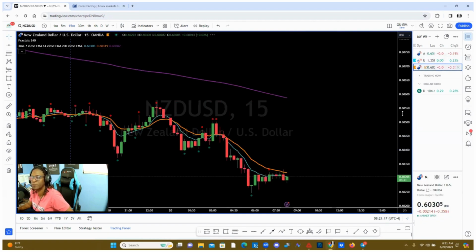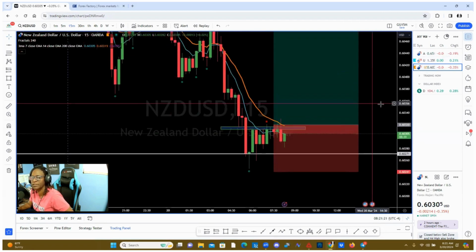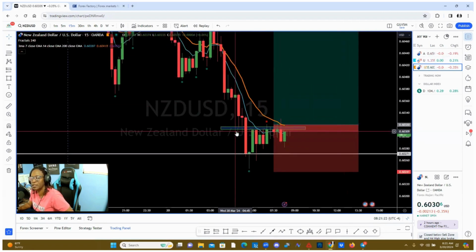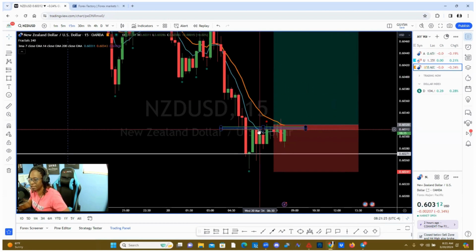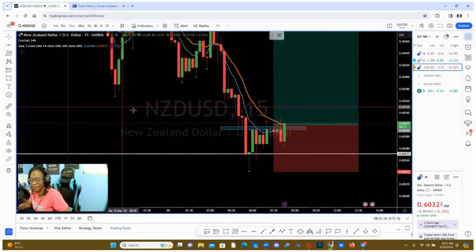Zealand dollar. I did say it looked weaker than the odd. So, again, I like this. This is the reason I like candle close. I like to take my entries after the candles close. It's like you have a candle, right?